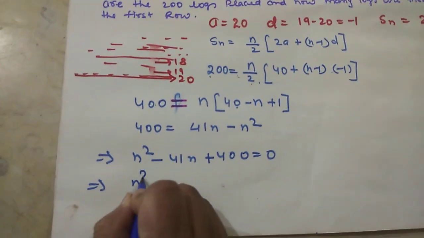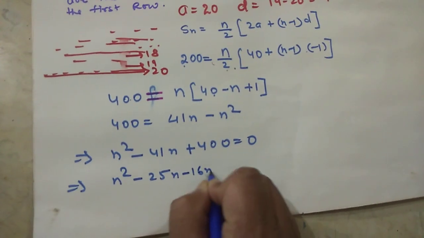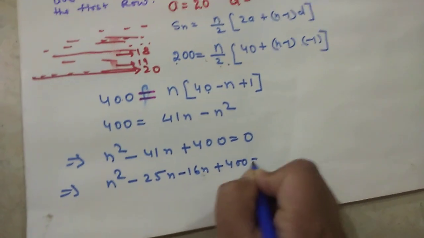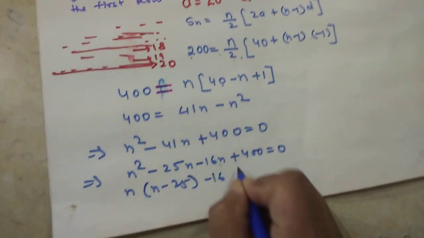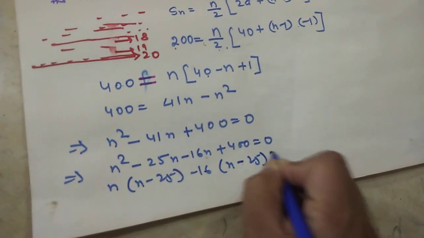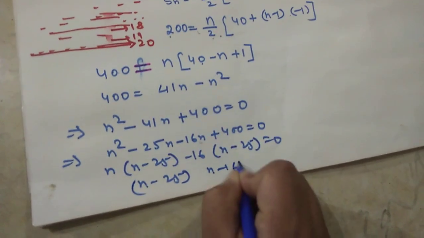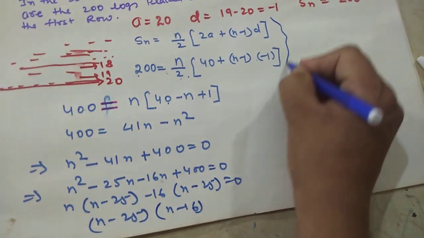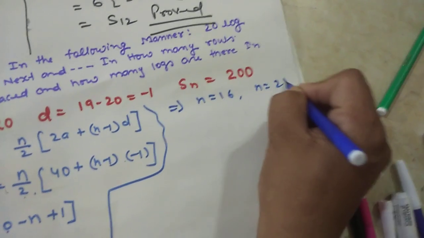Now n square minus 25n minus 16n plus 400 is equal to 0. n is common, n minus 25, minus 16 is common, n minus 25 into n minus 16 is equal to 0. So this implies n equal to 16, n equal to 25.